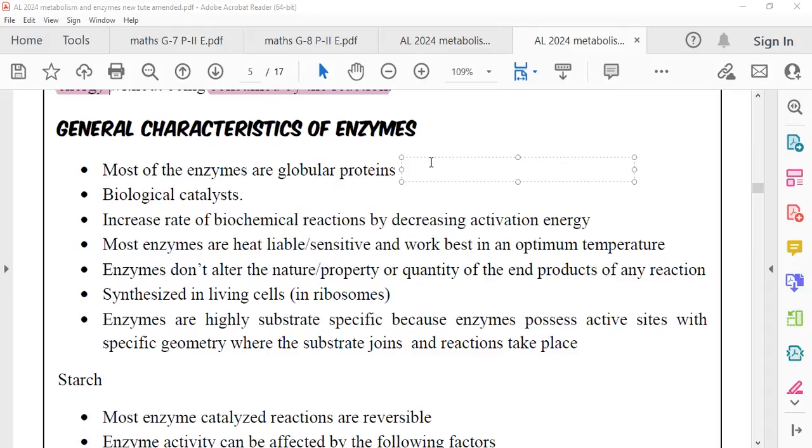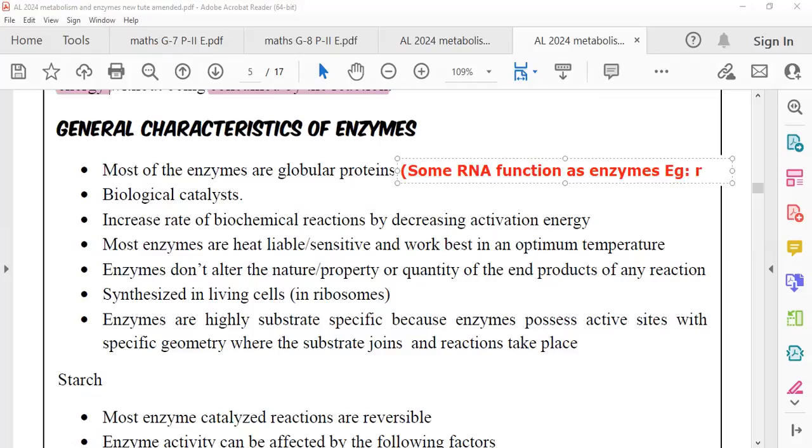Now, in our O level also, we studied enzymes are proteins, correct? Yes or no? Yes, sir. The point is, some RNA function as enzymes.